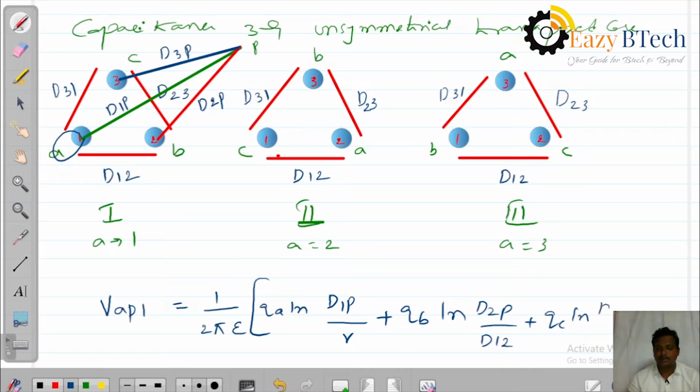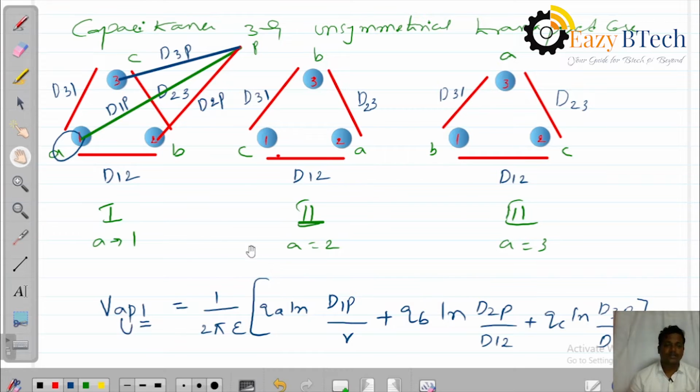Therefore, D3P divided by the distance from conductor C to A. The distance from conductor C to A is D31. Okay, this is the way we will write the potential difference of conductor A to B, the A at position 1.